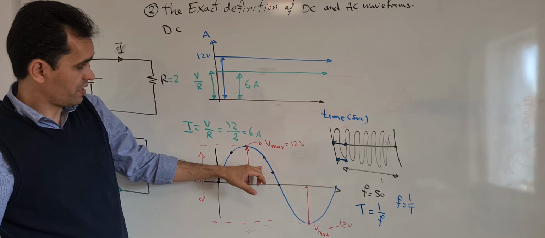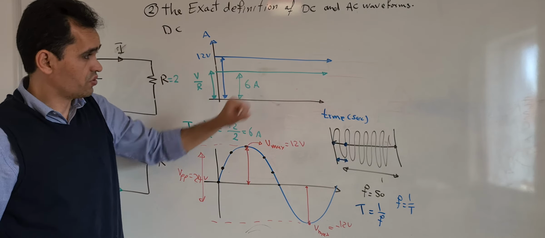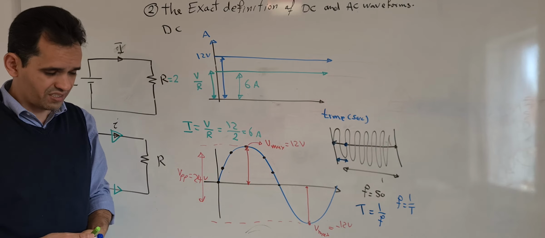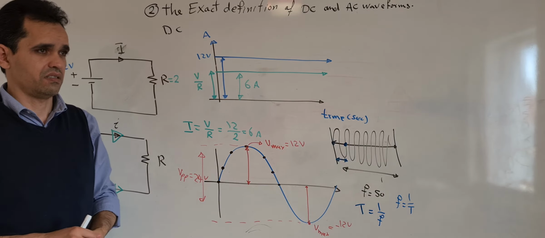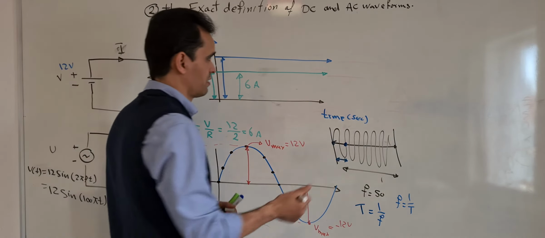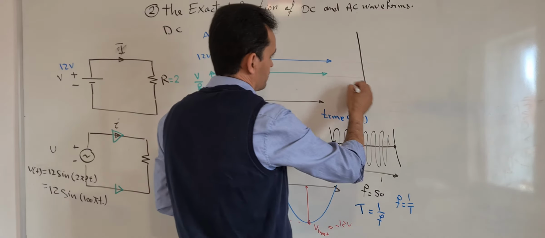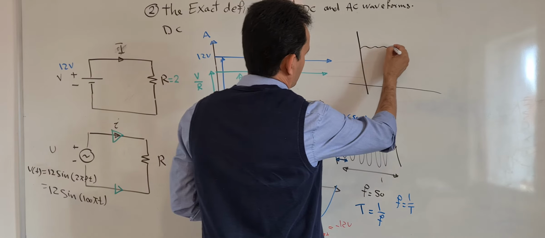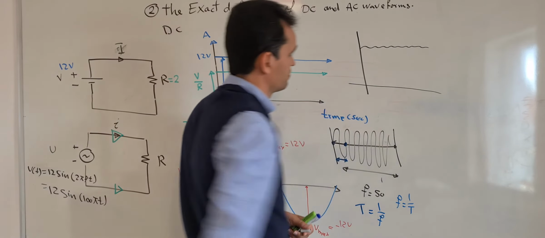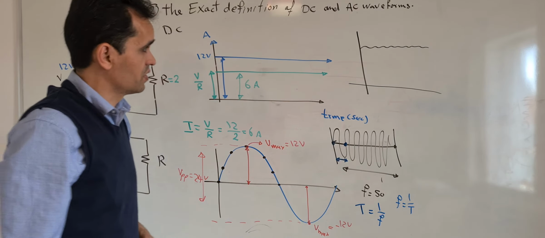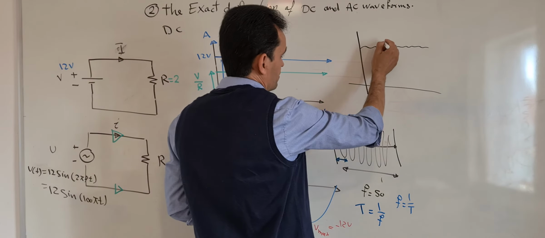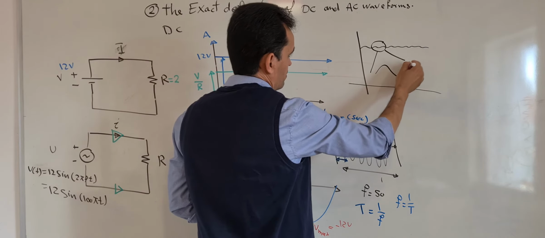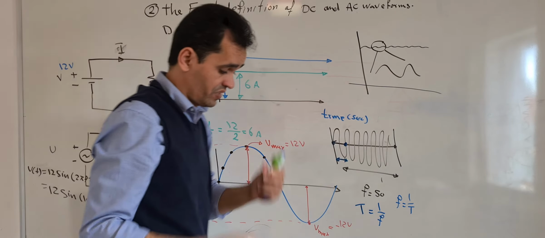But usually we will get a nearly DC signal, but it's not DC. It could be that we get something like that. So now if we zoom in on that, for example, we will see it. Okay.